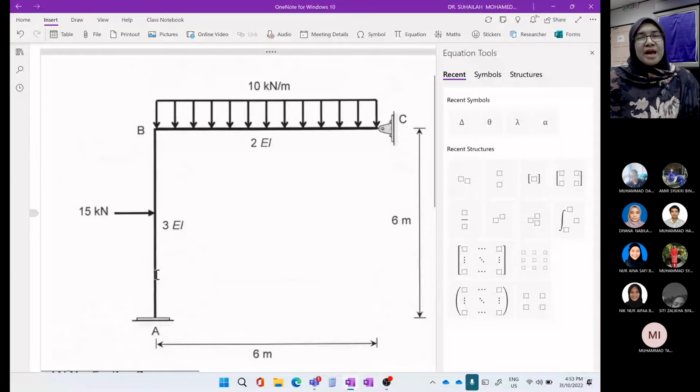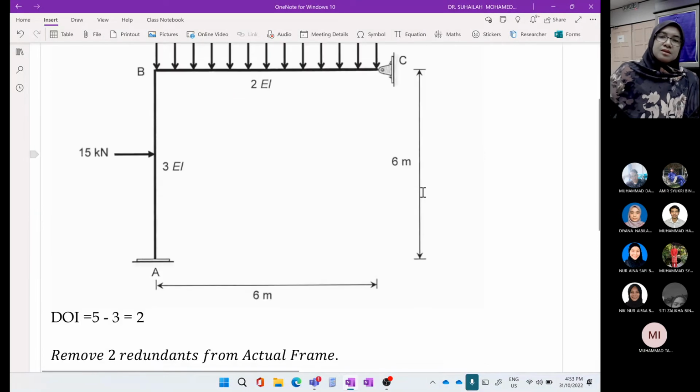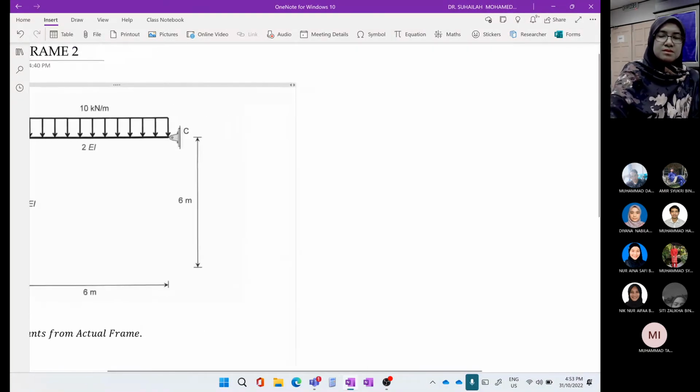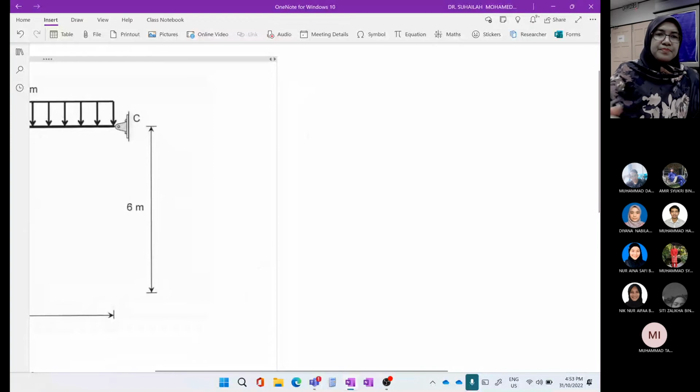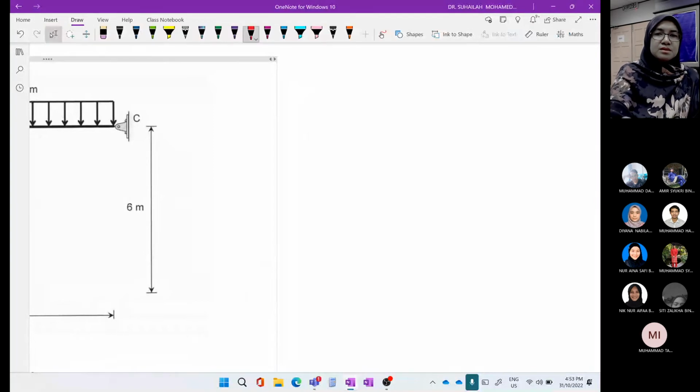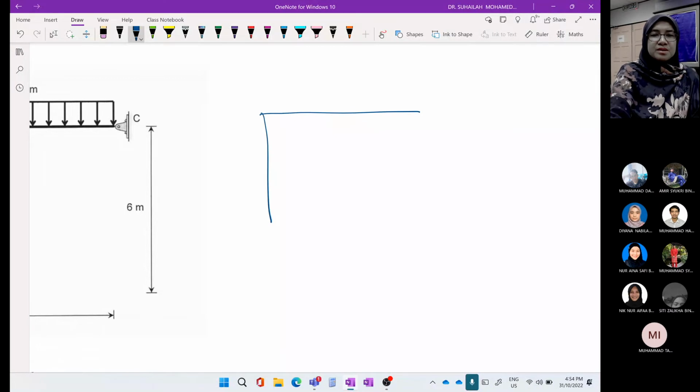We have 3 possible primary structures. For example, let's say this is the frame.